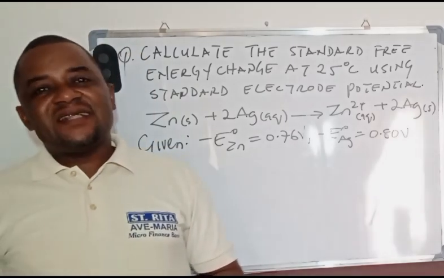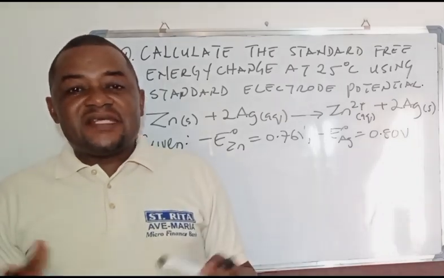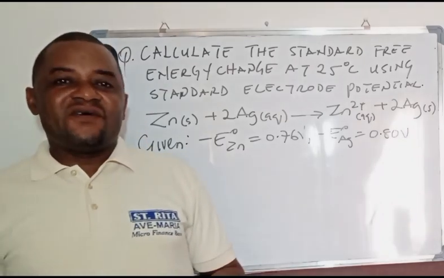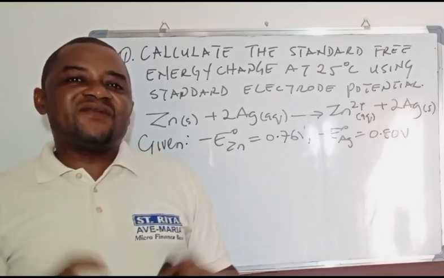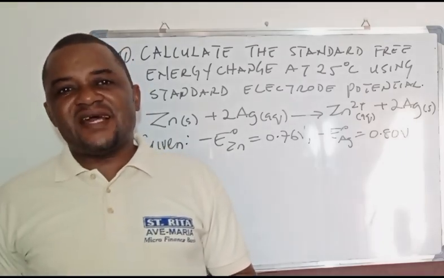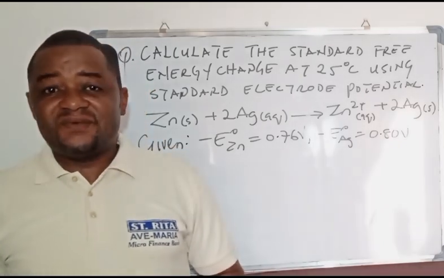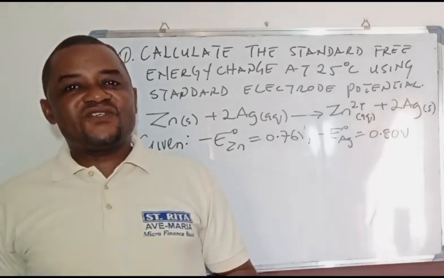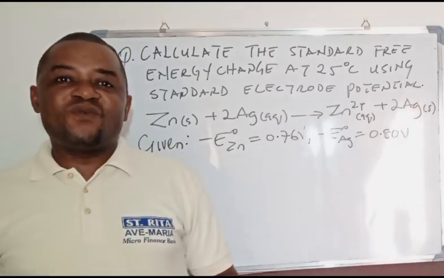So the standard electrode potential, simply put, is the measure of the potential of a reaction around the electrode, where all the materials used in that reaction are in their standard state. When we say standard state, for example, the solution used for that reaction is 1 molar.